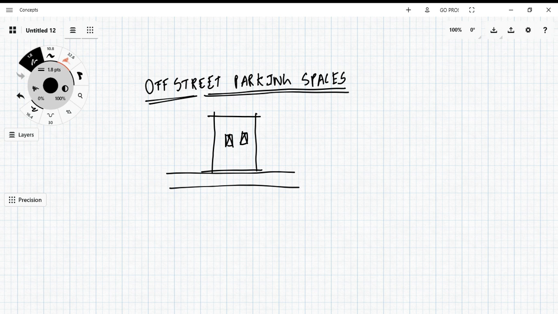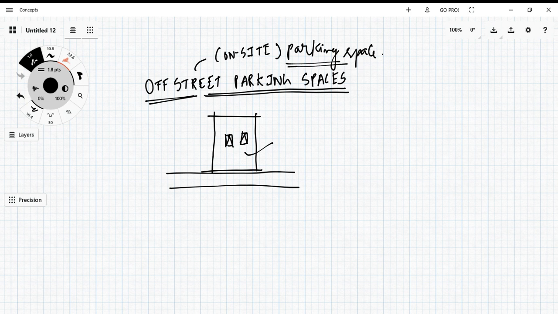That means it is not on the street, it is on site. Off-street is also called on-site parking space, okay?